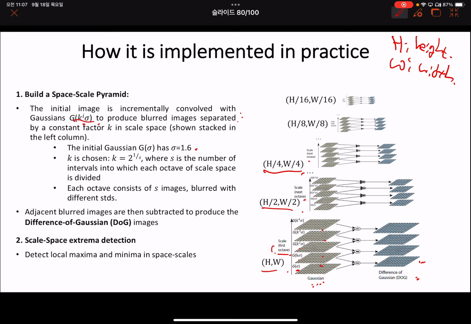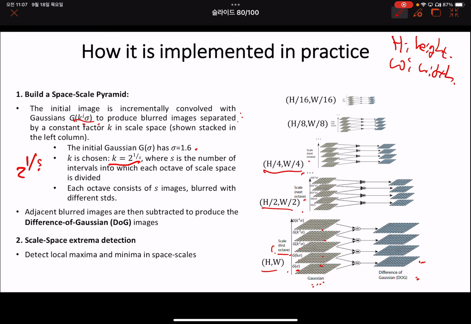Here, these are just some specific numbers. The initial Gaussian G sigma has sigma equal to 1.6, and k is chosen to be 2 to the power of 1 divided by s, just an empirical finding, where s is the number of intervals into which each octave of scale space is divided.